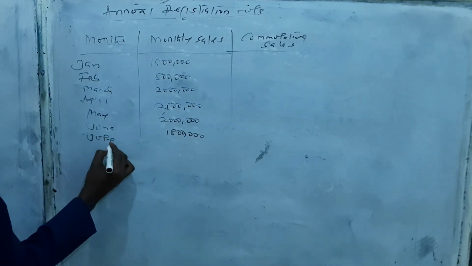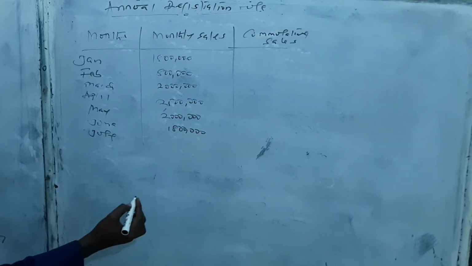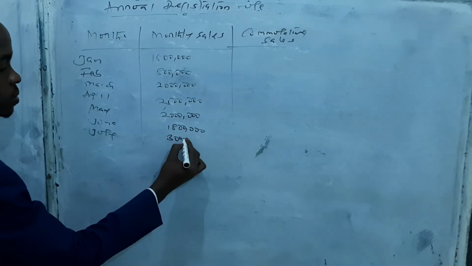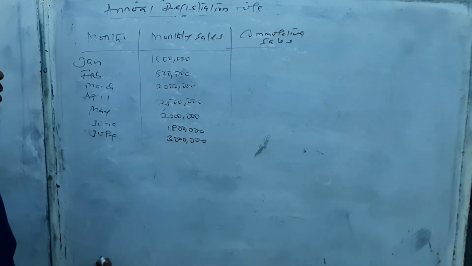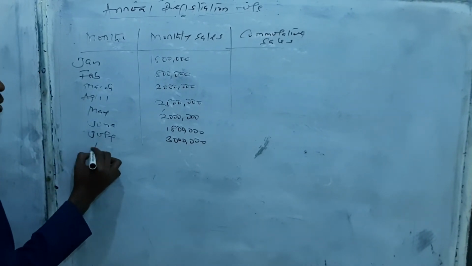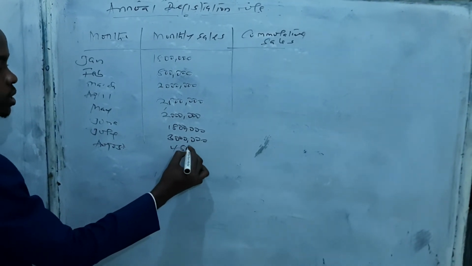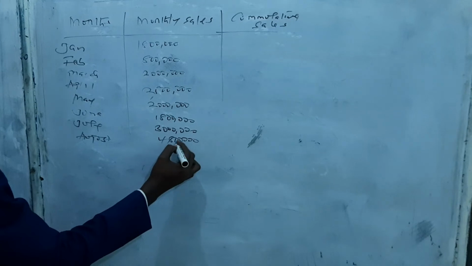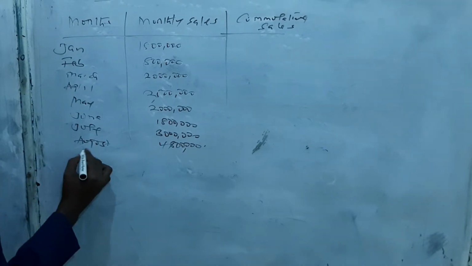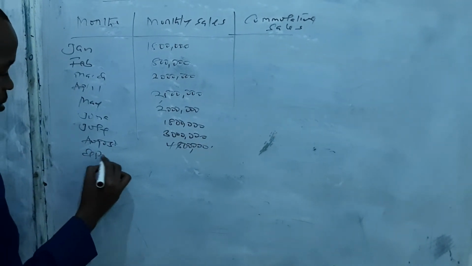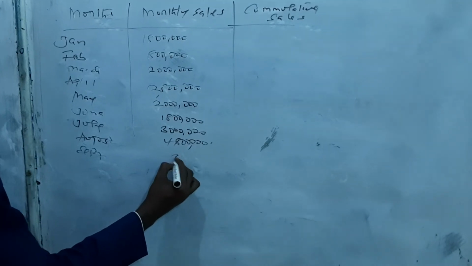July we have 3 millions. We have August where we have 4.8, and we have September where we have 3.5.